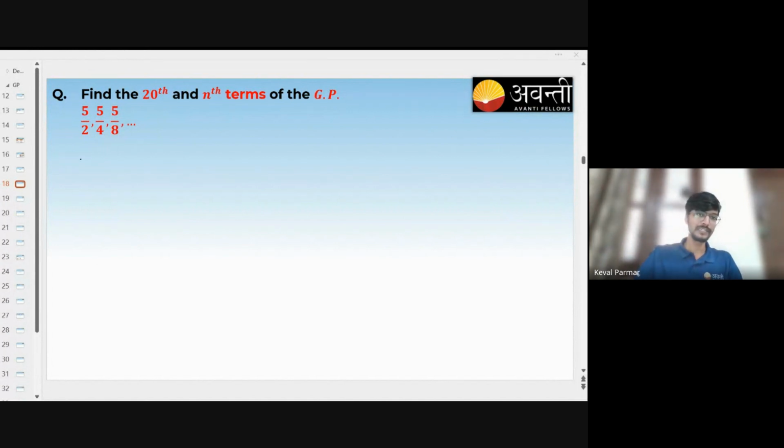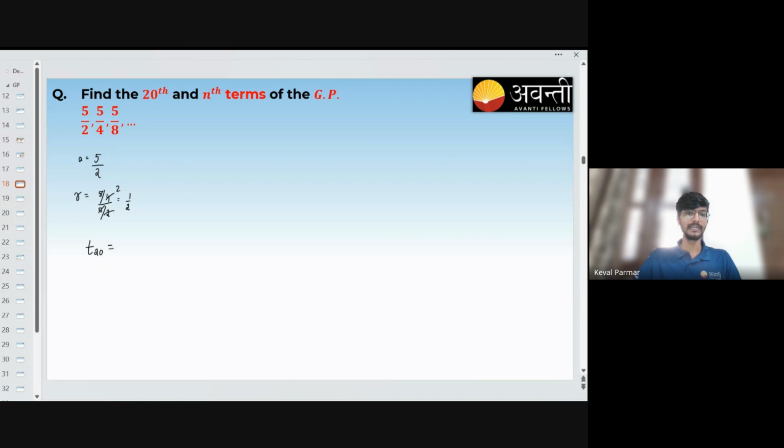Here, as you can clearly see, A is the first term, which is 5 upon 2. What is R? R is the common ratio, which is 5 by 4 upon 5 by 2. So this 5 and 5 will get cancelled and I'll get half. I can write it: 2 ones are 2, 2 fours are 8, so it simplifies to half. So A is 5 by 2, R is half. They want us to find T20.